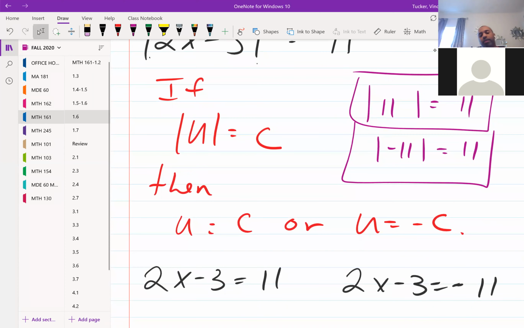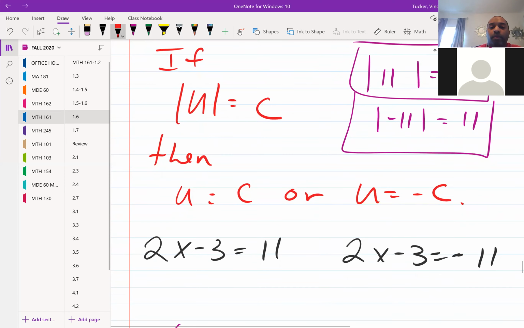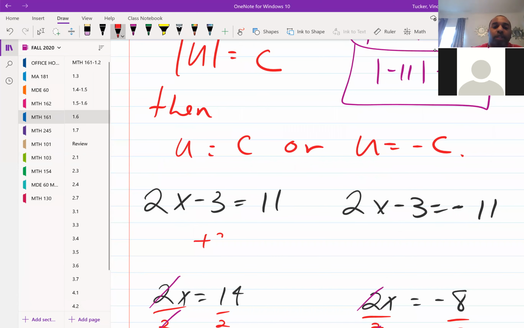So that's what we do down here. We set 2x minus 3 equal to 11, and then 2x minus 3 equal to negative 11. All right, so once you have established how you're going to solve and what you're going to solve for, you just add 3 to both sides.